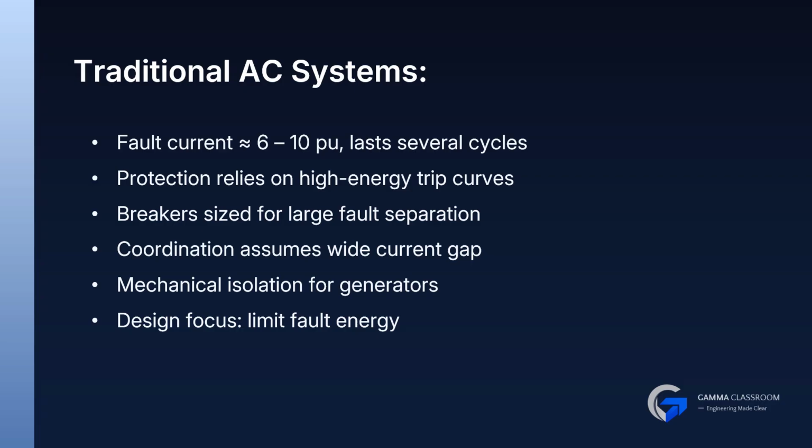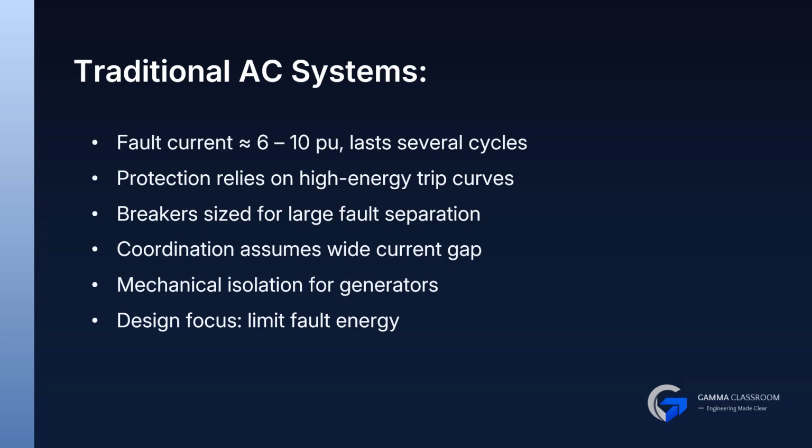Before we talk about inverter protection, let's first remind ourselves how traditional AC systems behave during faults. In a conventional generator-based system, fault currents are very high, typically 6 to 10 per unit, and they last for several cycles.